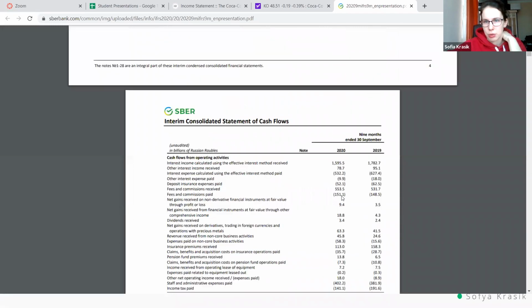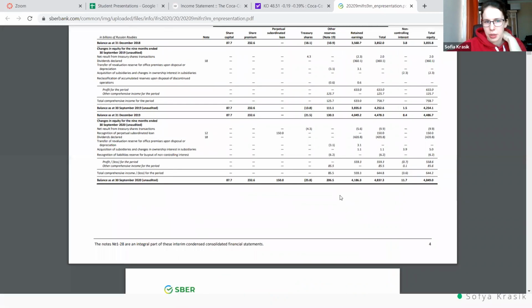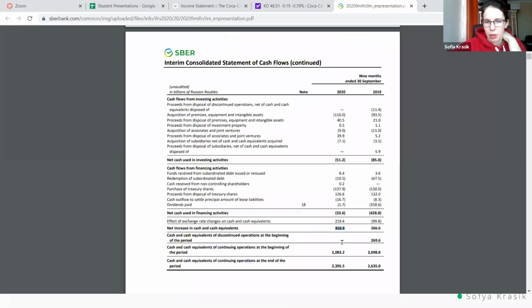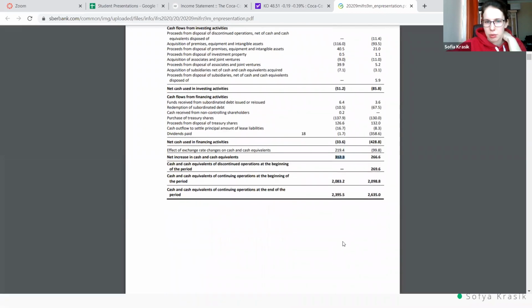Let's check the scale. Yeah, I believe it's all in billion rubles. Not bad for the company just to have 300 billion in cash and cash equivalents.